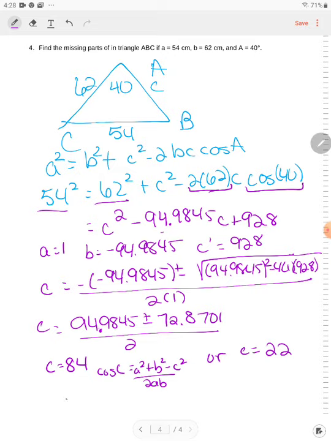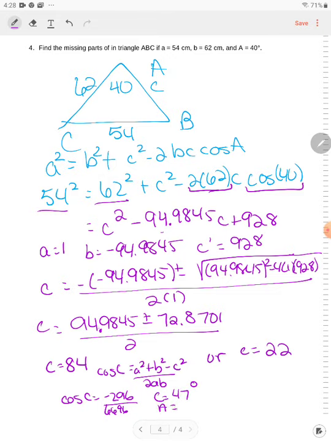And I get cosine of C is equal to negative 296 divided by 2 times A, 54, times B, which is 62, 6,696. So angle C is equal to 47 degrees.